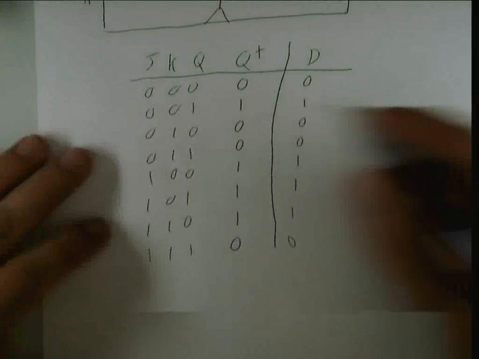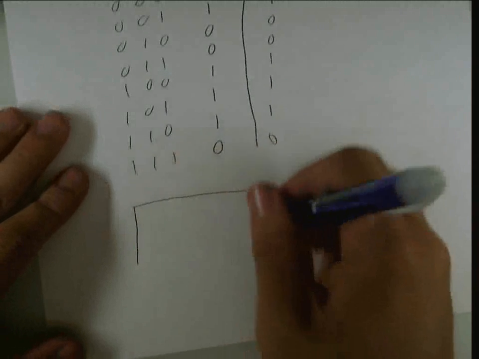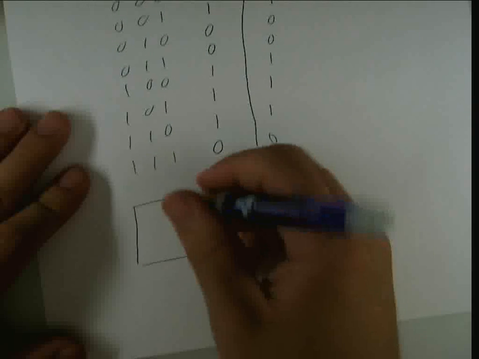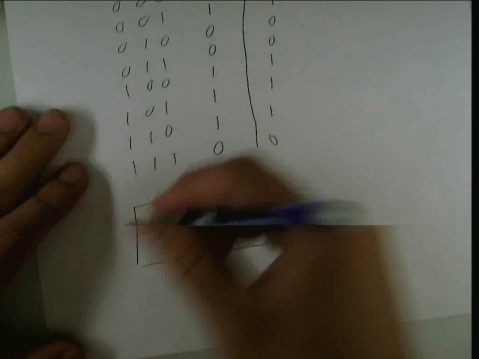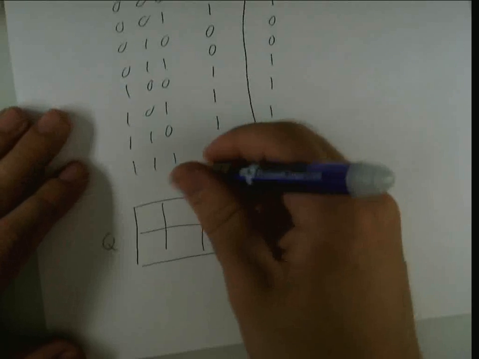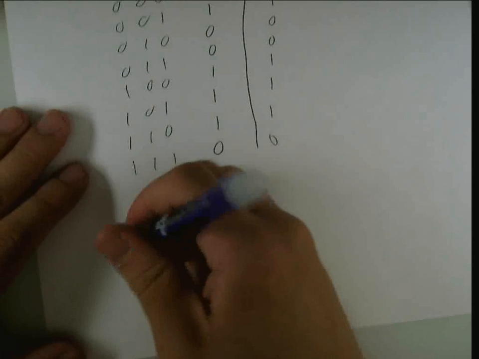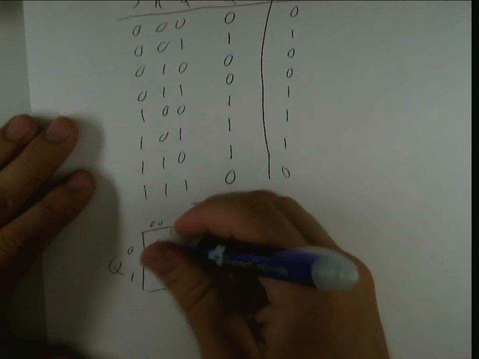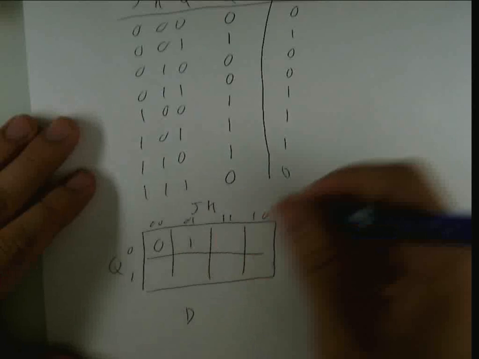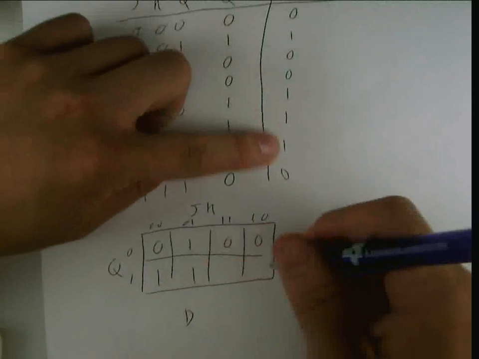Now I have a couple options. I could try to do this in my head, which doesn't seem too appealing, or I could just do my K-map. So I will put Q here, JK up here, and my D. So 0, 0, 0 is 0, 0, 0, 1 is 1, so this is 0, 0, 1, 1, 1, 0.